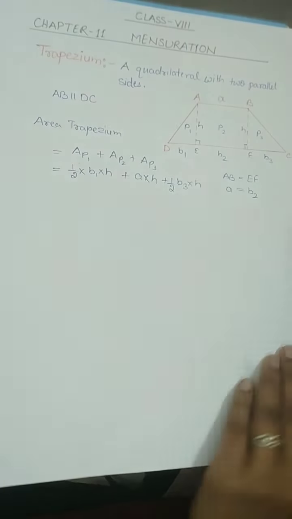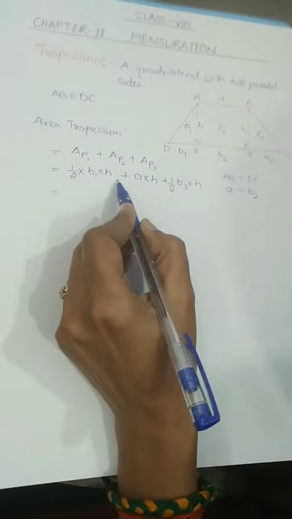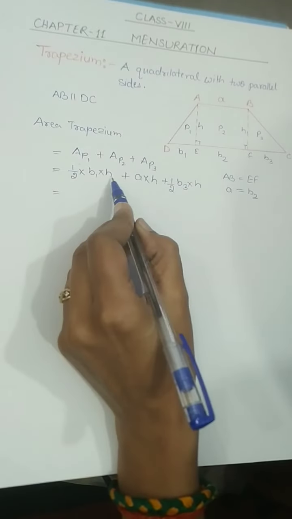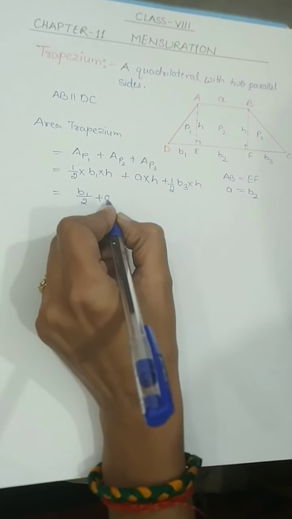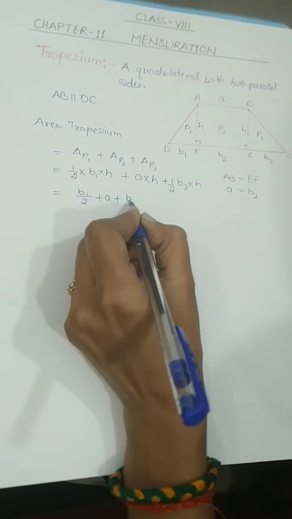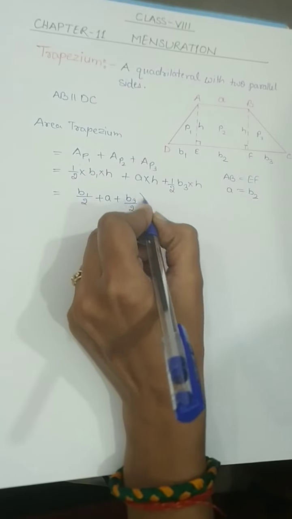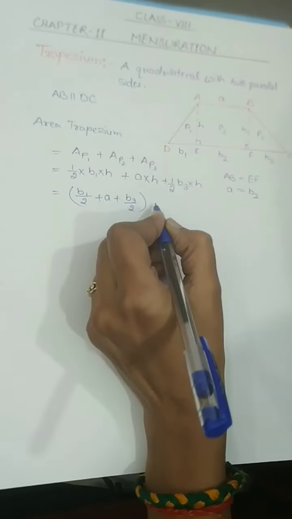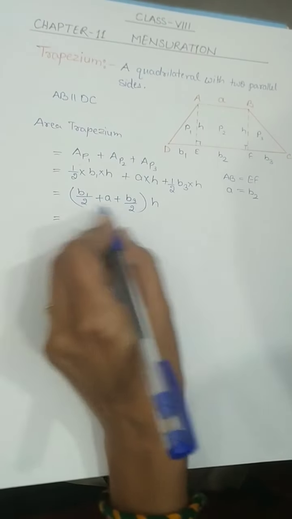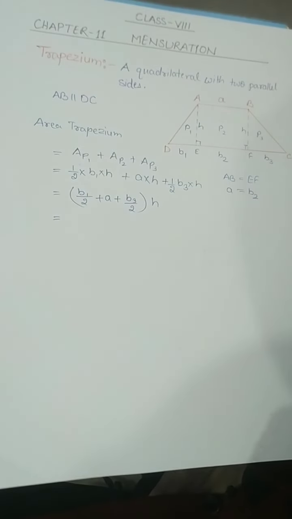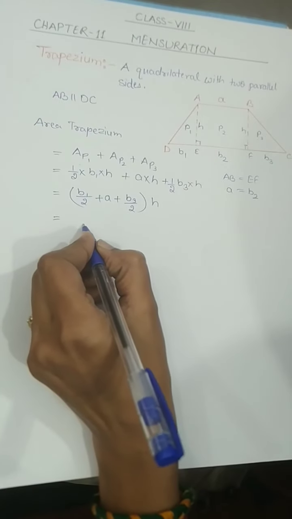Now we're going to solve this. You can see that among these three terms H is common, so we will take H as common. What do we get? B1 divided by 2 plus A plus B3 divided by 2, and outside the bracket we take H. Now let's solve this. We can take 1 by 2 as common by taking 2 as the LCM.